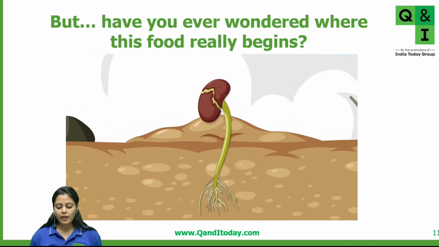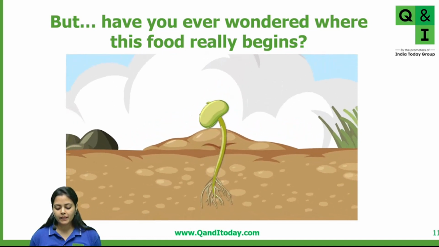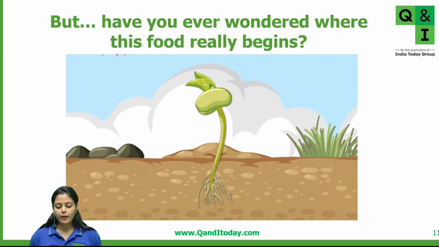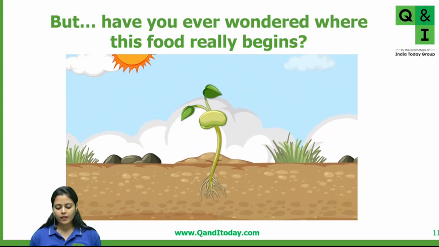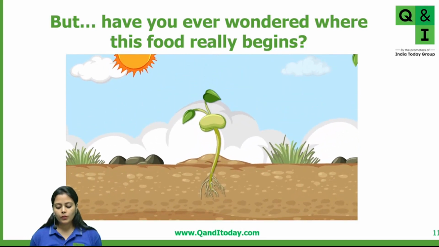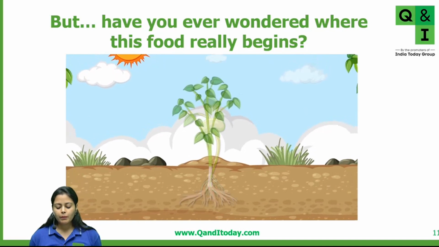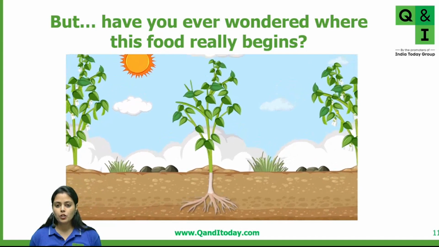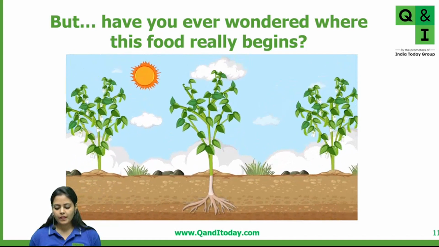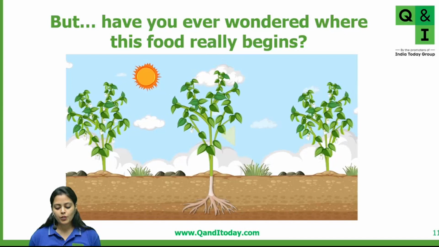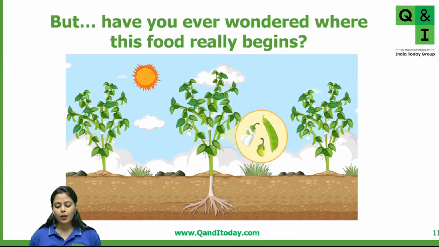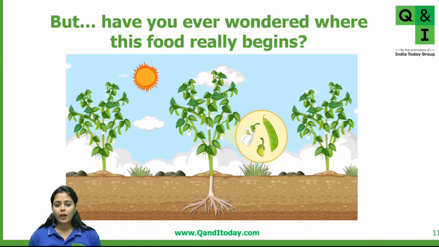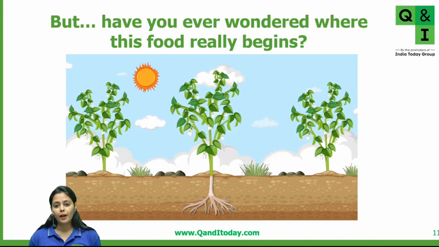Now the seedling is coming out of the soil. It has started to develop its shoot and leaves. Now the leaves will perform photosynthesis and the plant is slowly growing. It is developing more branches. Now on these branches, you will get several fruits. For example, they might be peas, they might be other products which you obtain from the plants.